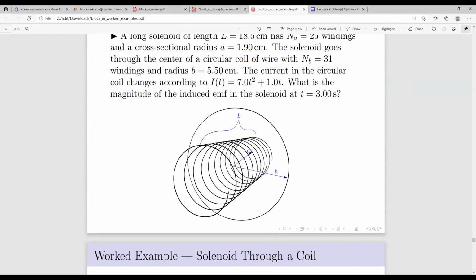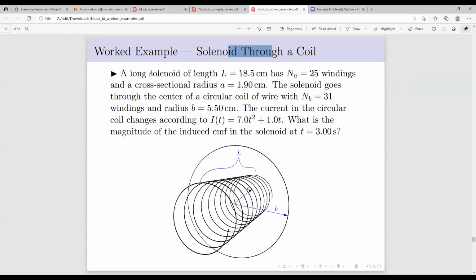So what we have here, and I don't think you guys had access to this problem in Lon-CAPA, so this is just something I came up with, but we have a long solenoid of length L, 18.5 centimeters, and it has 25 windings through a cross-sectional area of A, and the solenoid is going through the center of a circular coil of wire, that one of radius B, and the current in the circular coil changes according to I of t is just this function. And this problem is telling us to find the magnitude of the induced EMF in the solenoid at t equals 3 seconds.